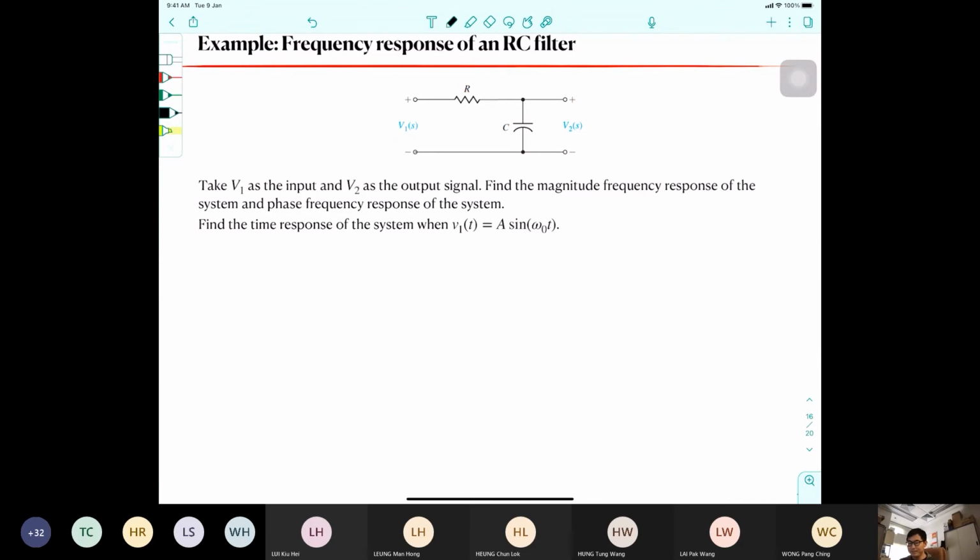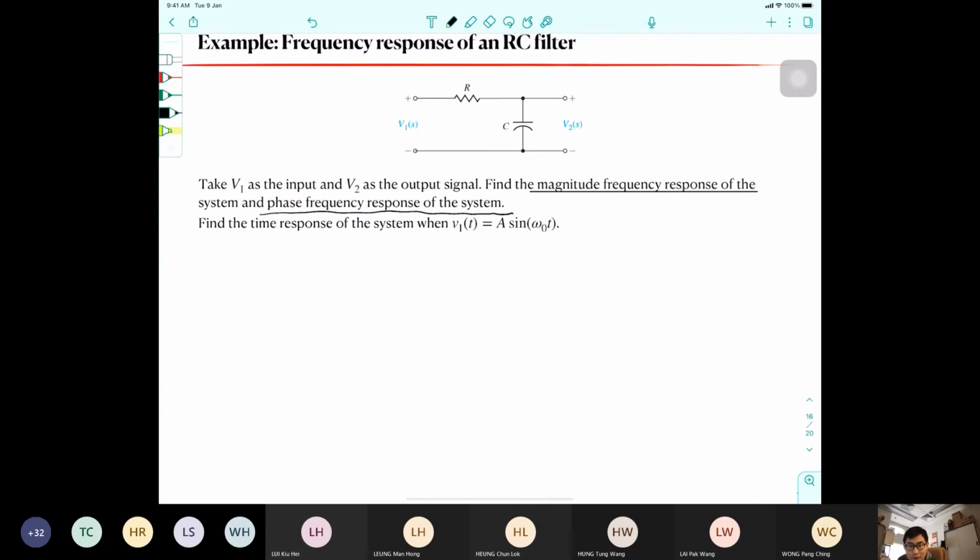So here, let's use this example to show the frequency response. There are 2 questions here, right? First, find the magnitude frequency response of the system and the phase frequency response of the system.